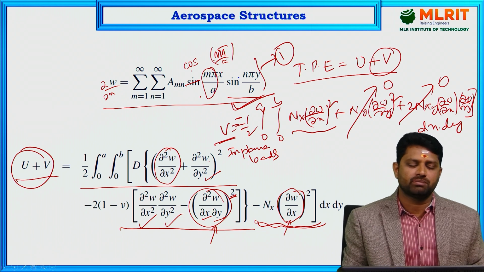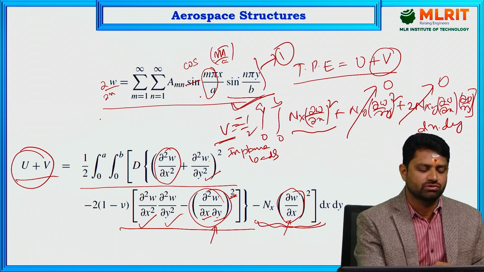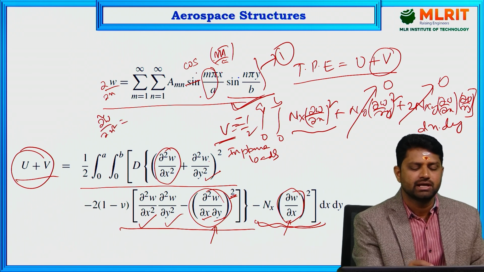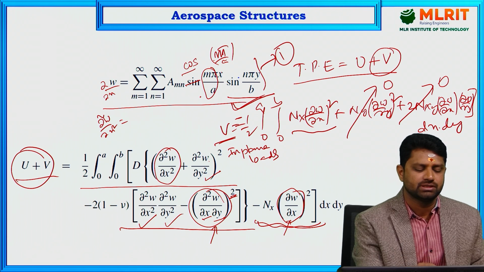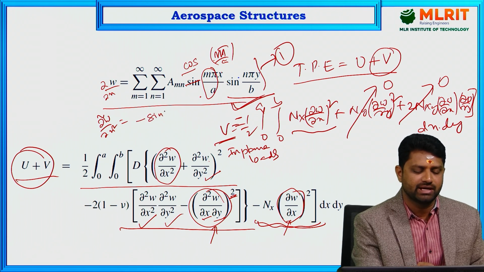If you differentiate one more time, dou square W by dou X square, then this cos term, cos m pi x by a, becomes minus sine m pi x by a, and its internal differentiation is m pi by a, and the sine term in y remains constant, that is sine n pi y by b.